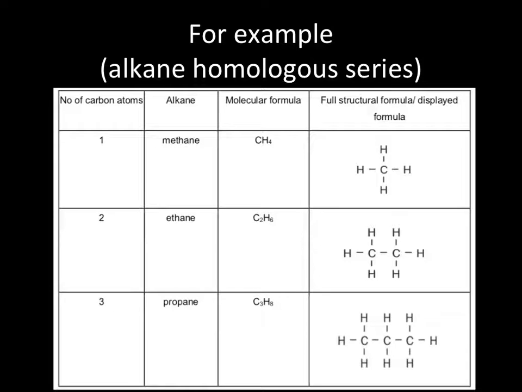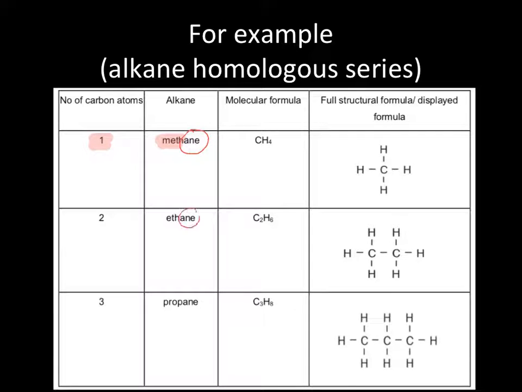Now let's look at the alkane homologous series. An alkane with 1 carbon will start with METH, and because it belongs to the alkane family, the back part of the name is -ane.